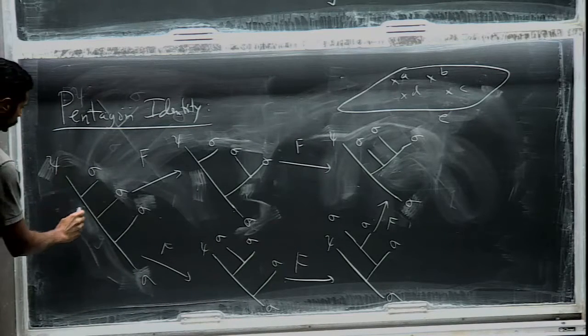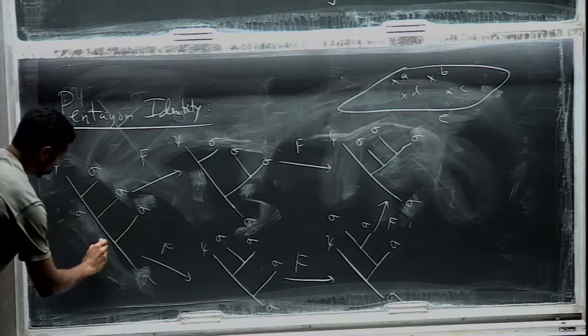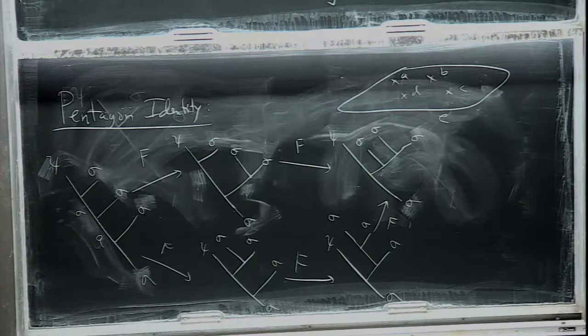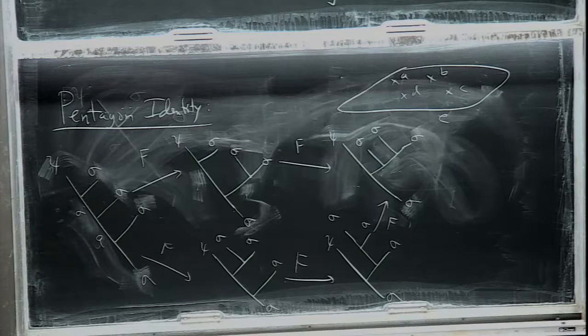Psi and sigma has to fuse to sigma, but then over here, this is free. So this is a two-dimensional Hilbert space. A can be 1 or psi. Those are basis vectors in this Hilbert space.